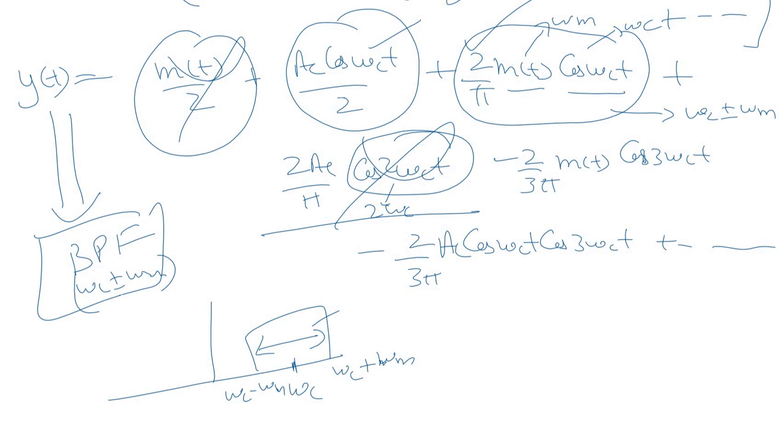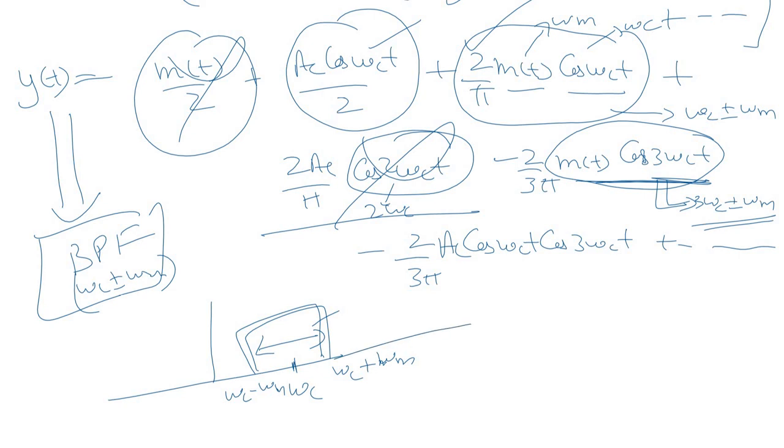The next term is minus (2/3π) m(t) cos(3ωct). Again, it's the multiplication of two different frequency components. So the resultant components present would be 3ωc ± ωm. Now, will it pass through this pass band or not?